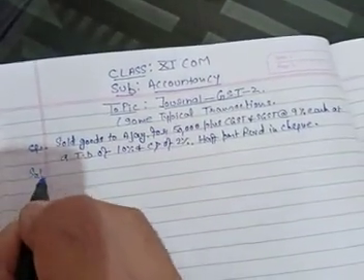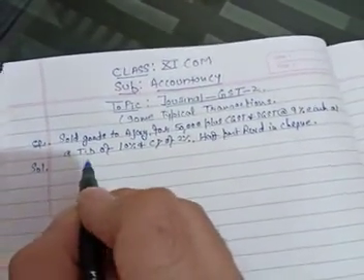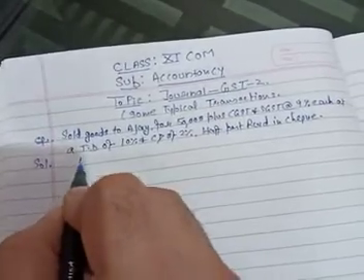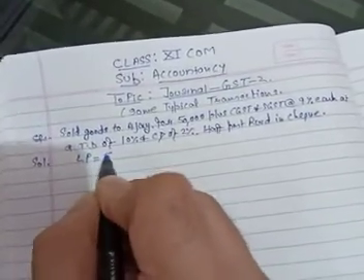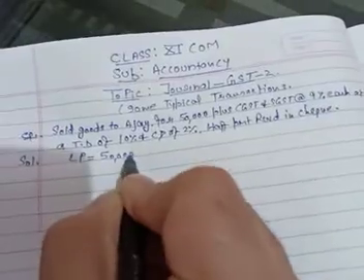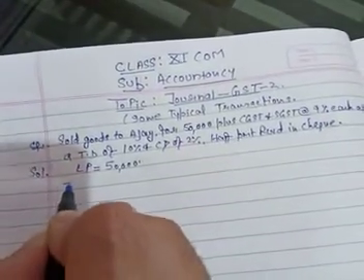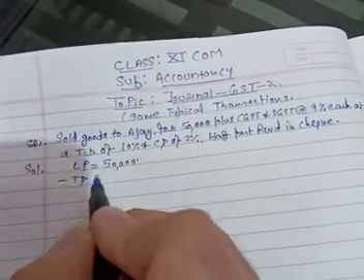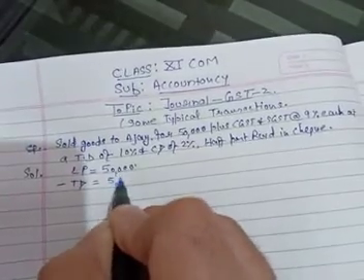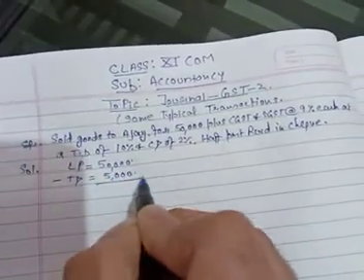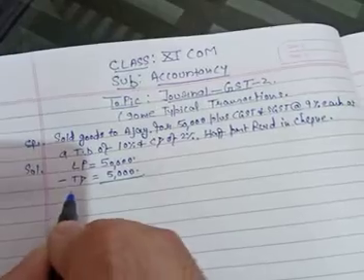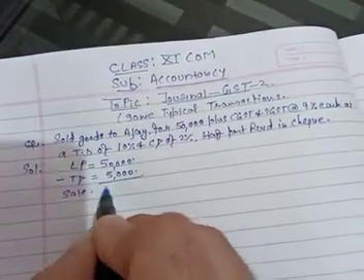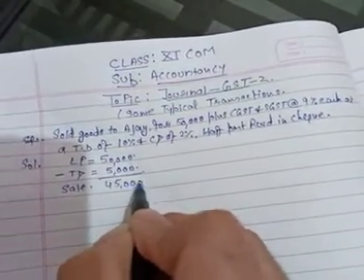Okay, solution. Now we can see here that the list price is equal to 50,000. Trade discount is 10%, that is 5,000. So the sale price will be 45,000.